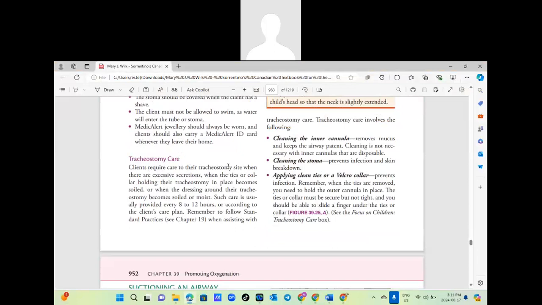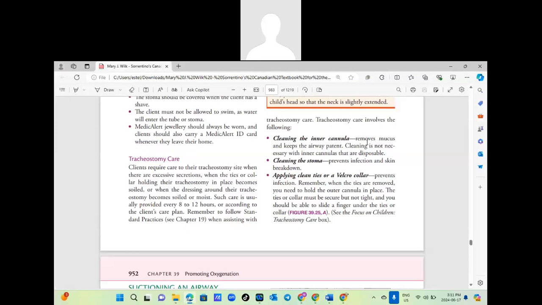So clients require care to their tracheostomy site when there are excessive secretions, when the ties or collar holding their tracheostomy in place become soiled, or when the dressing around their tracheostomy becomes soiled or moist. Such care is usually provided every 8 to 12 hours.